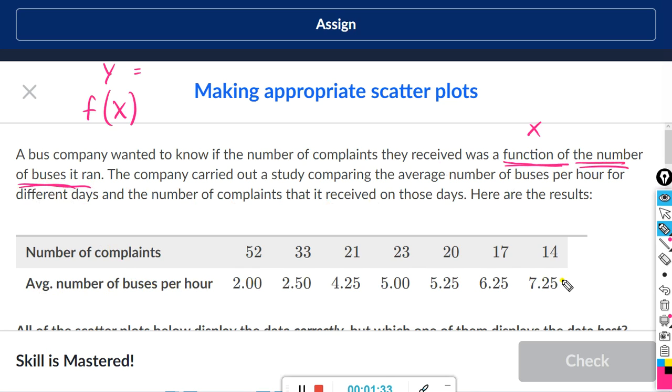Average number of buses per hour is your X variable, so the number of complaints is the Y variable. The write-ups might help you in that sense.